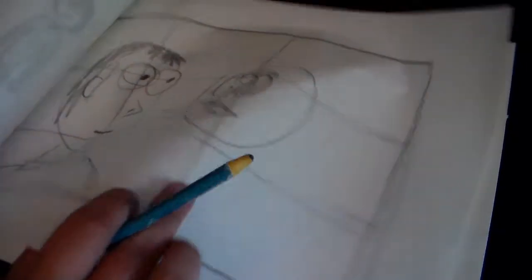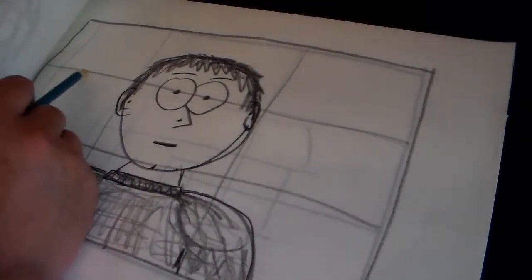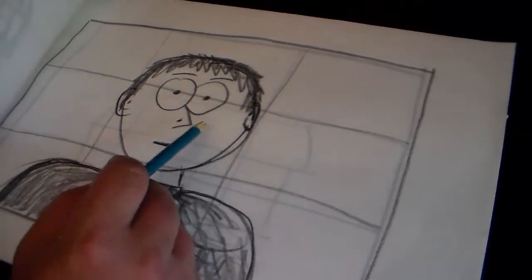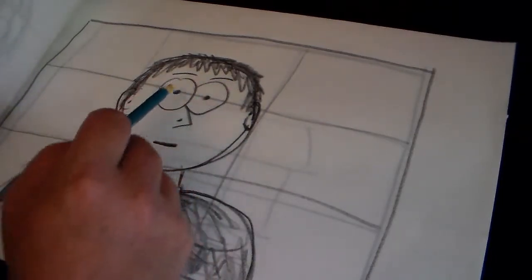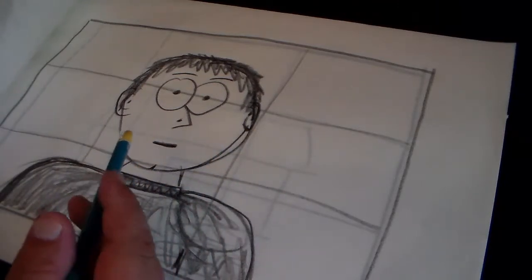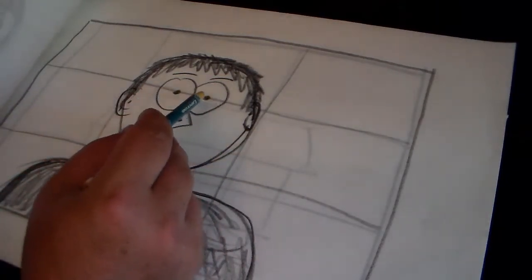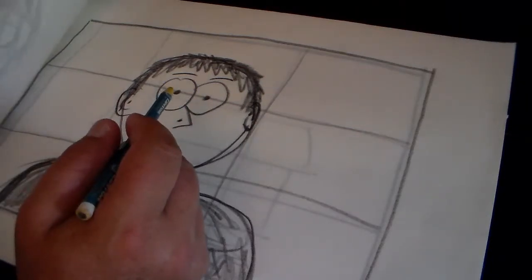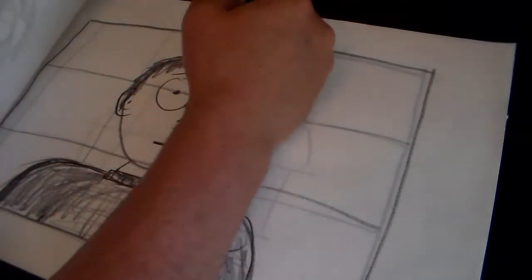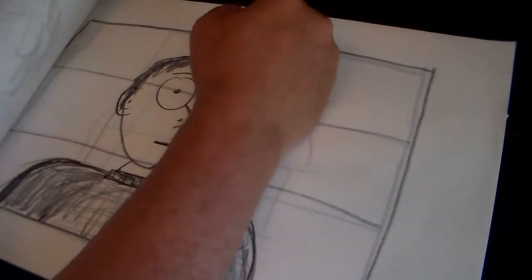But if you were to have someone looking at the camera, you would want to center their eyes on this top line in the middle of the screen with no lead room, and make sure that you have their eyes on this line, because that's one thing I see a lot, is what we call in broadcasting headroom. This is headroom.